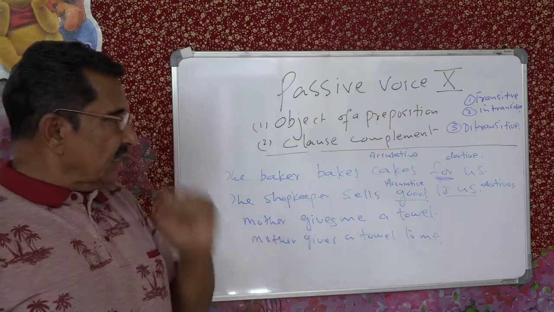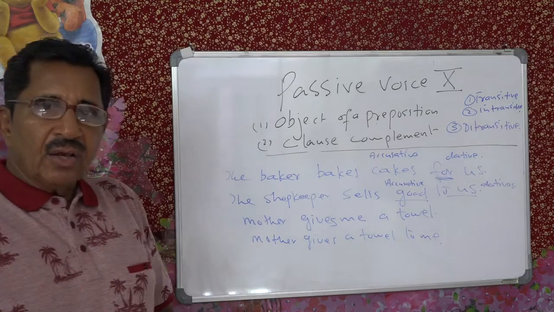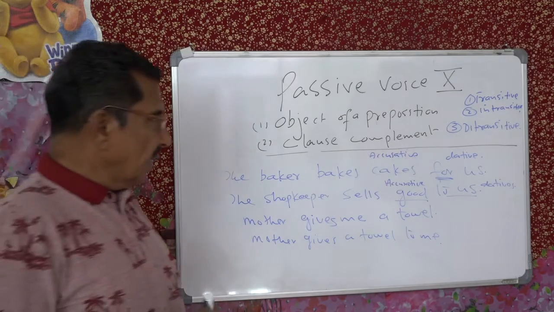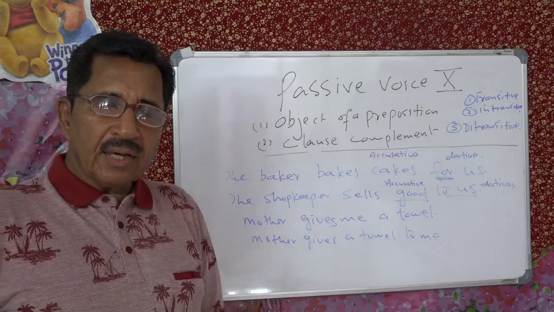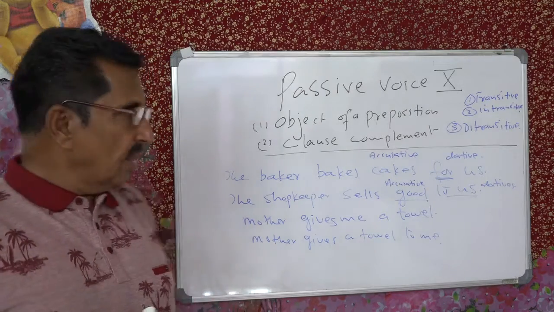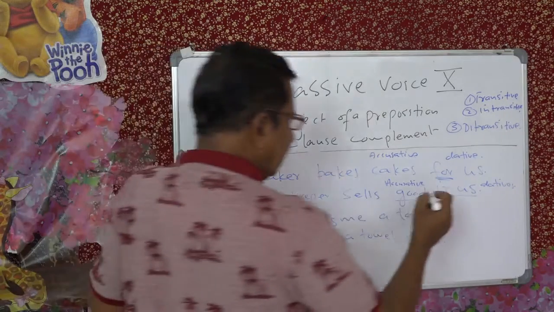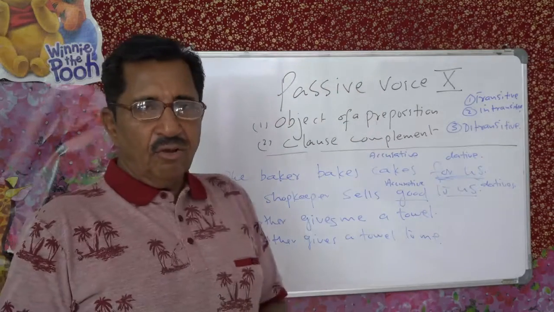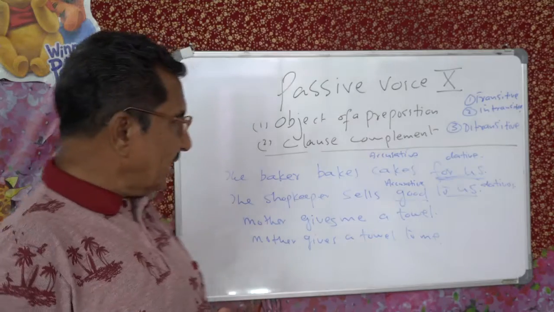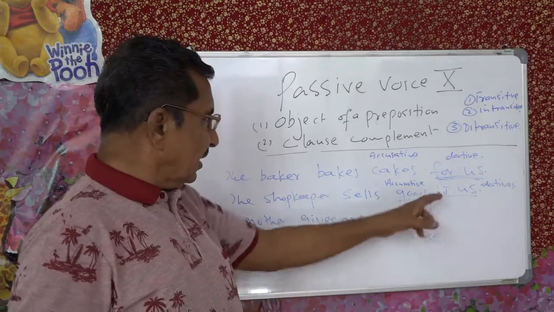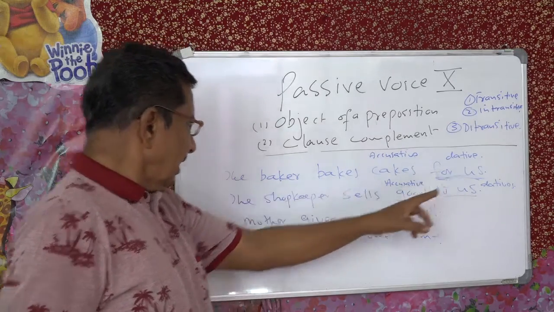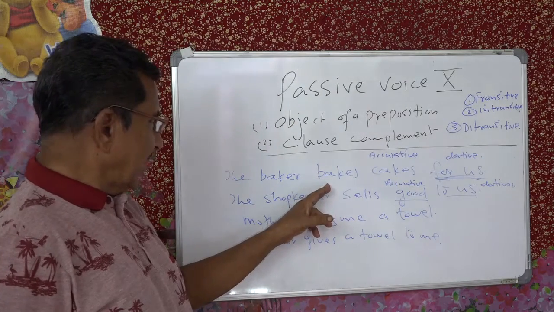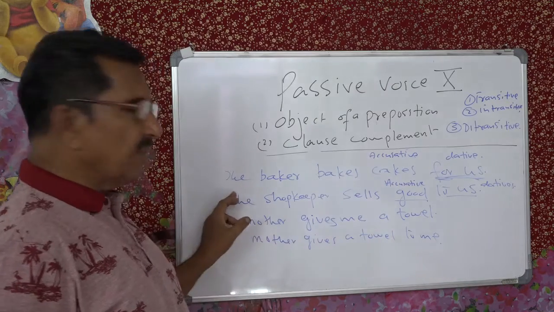Now in such cases, when you convert such sentences into the passive, the dative movement pattern has to be observed. That's what I said. For example, when the dative is for, you should not begin the passive with the for dative. If you do that, then it will be: we are baked cakes by the baker.